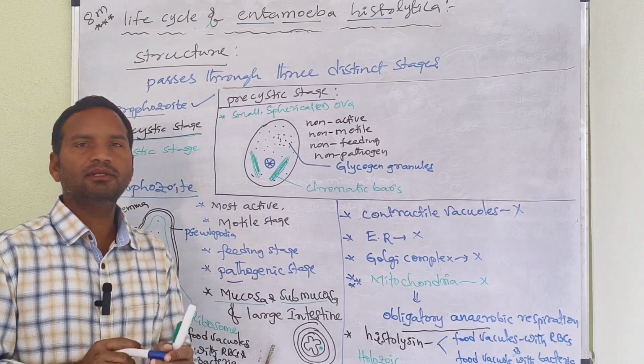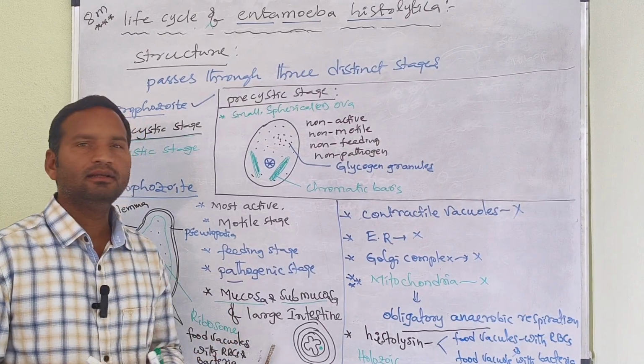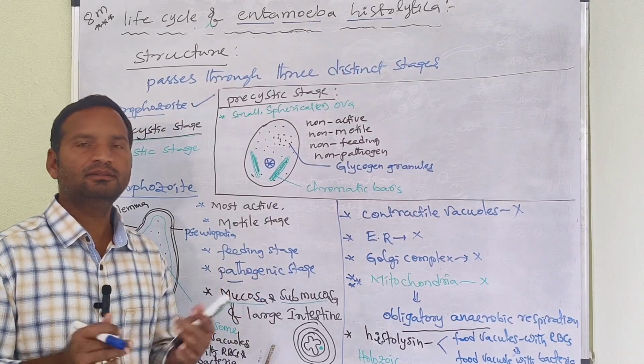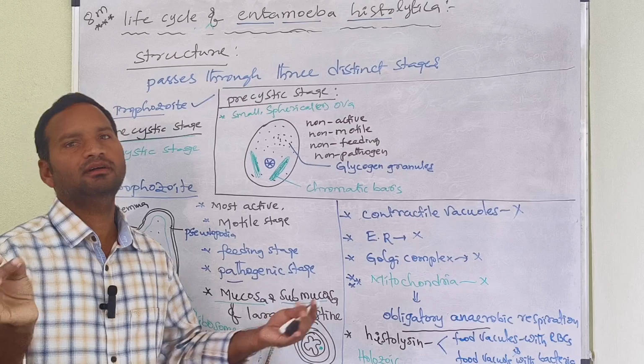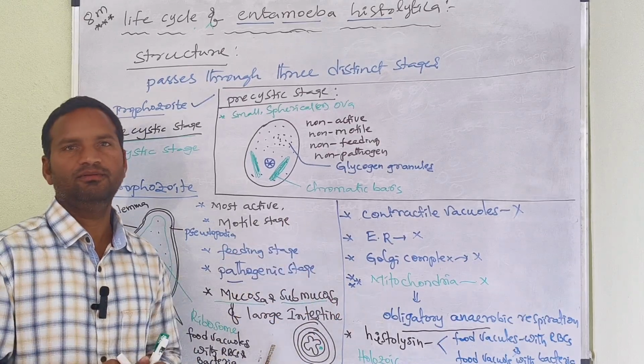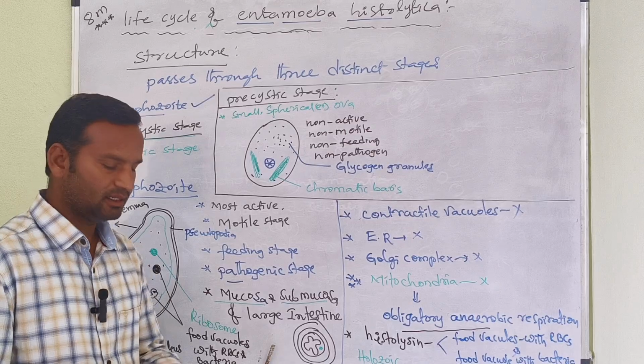The major function of the glycogen granules is to act as a storage of food. It means they are considered a reservoir of food, simply storing the food. Okay, this is about the precystic stage.